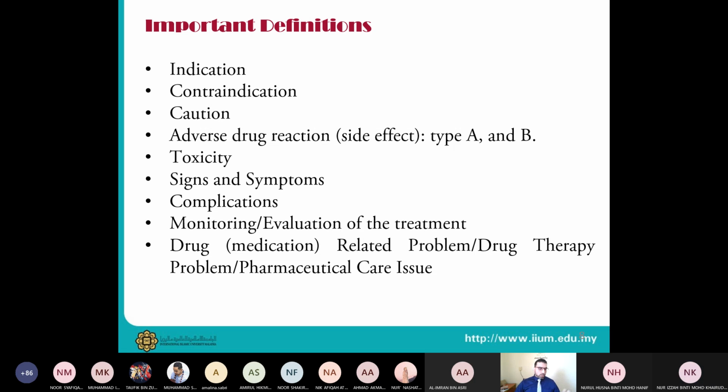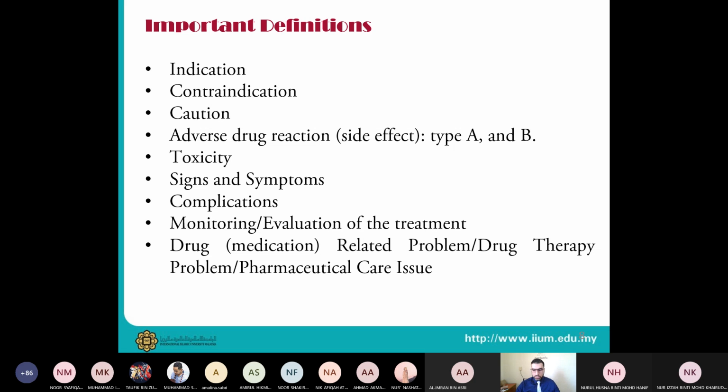Signs and symptoms are the presentation, the clinical presentation of a disease or any condition. Usually signs are something that we can measure. Symptoms are what the patient is suffering.